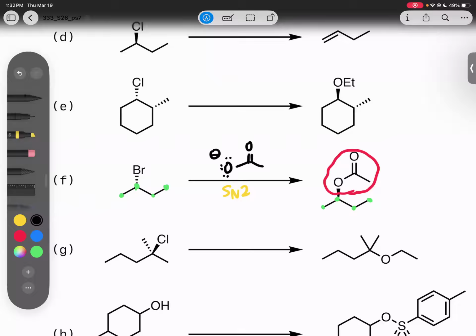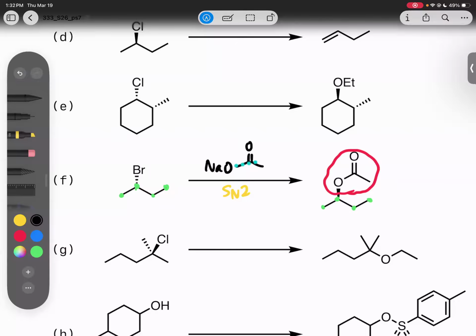And the way that you would actually have this is probably as a sodium or potassium salt. So you could write it like that. Or you can just write the sodium directly next to the oxygen as if it were like a hydrogen or something.